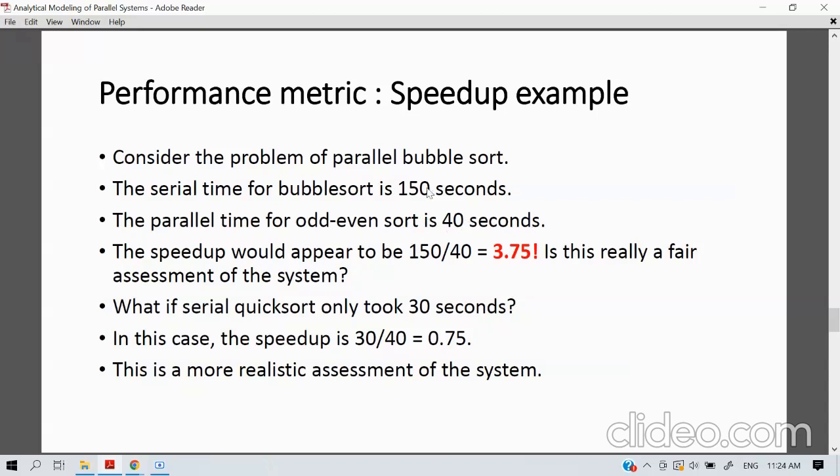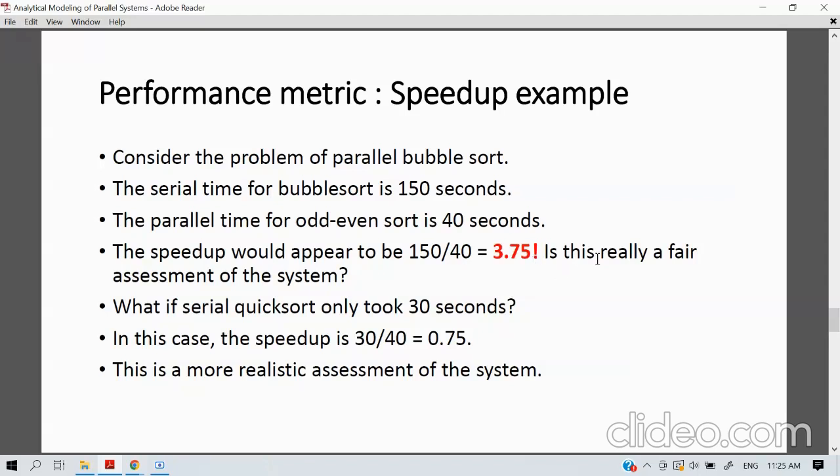So when you calculate with these numbers, the formula of speed up is TS over TP, right? So TS is 150 over TP is 40, so you will get 3.75.